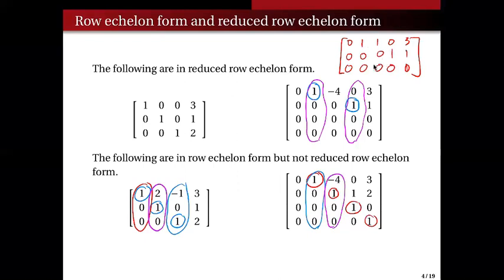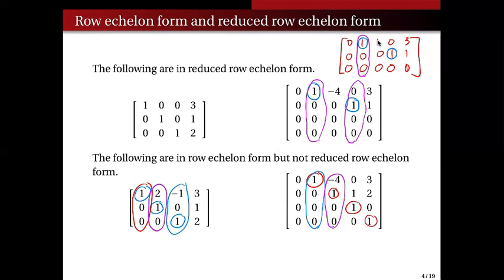For this matrix, this is a pivot position because this is a leading one. This is also a pivot position because this is a leading one. Look at this guy here. For this leading one, all the other entries in the same column are zeros.